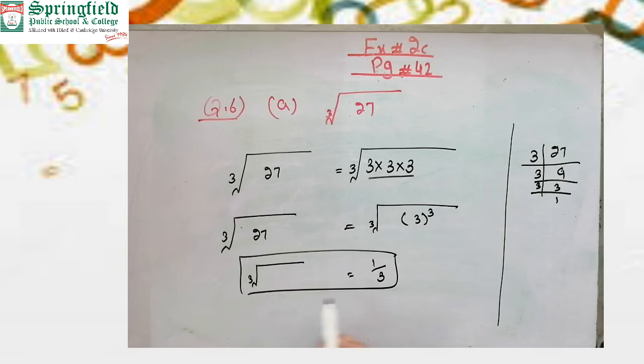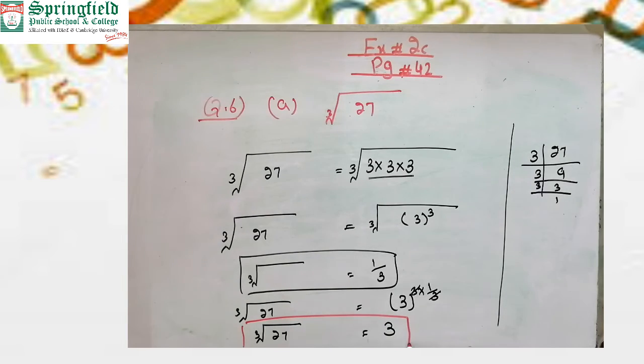So put the value of cube root here. 3 cube multiply 1 by 3. So 3 can be cancelled with 3. Just 3 is your final answer. It means the cube root of 27 is equal to 3. This is your final answer. Understood beta? Okay. Now rest all the parts are your task.